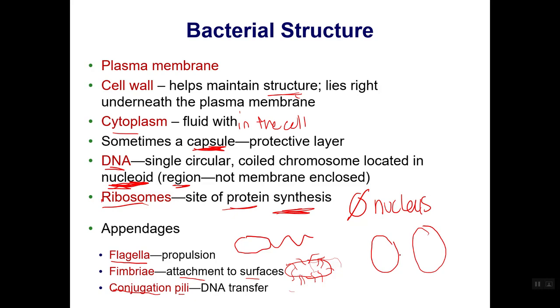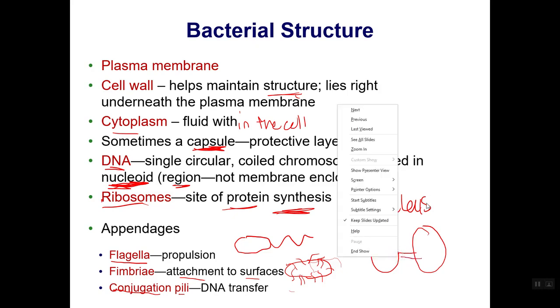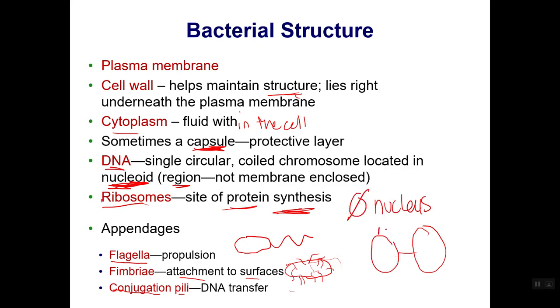That doesn't create a whole lot of genetic diversity, and we'll talk about that in a later chapter. But conjugation pili are basically the formation of little tubes between one bacterial cell and a second bacterial cell. And then DNA can be transferred back and forth between them so they can share genetic material.